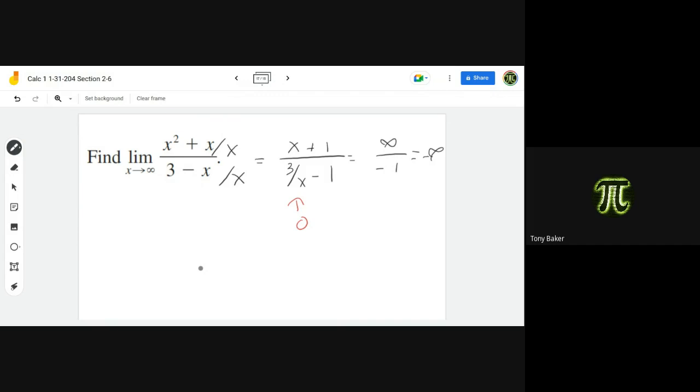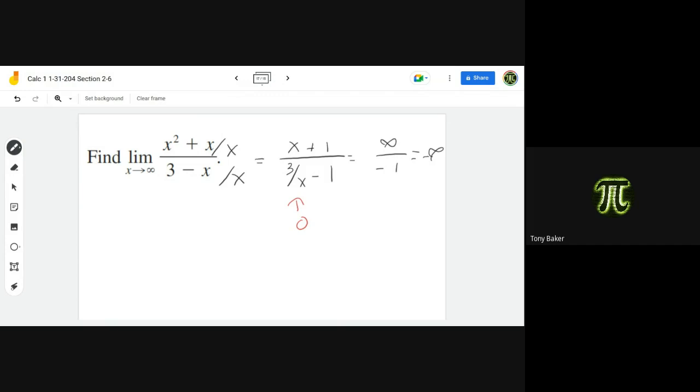Why didn't you divide it by x squared? Why did you divide it by x? This is a good example of trying to figure out what you're going to choose to divide by. If I divide by x squared, I'm going to have a constant on the top.